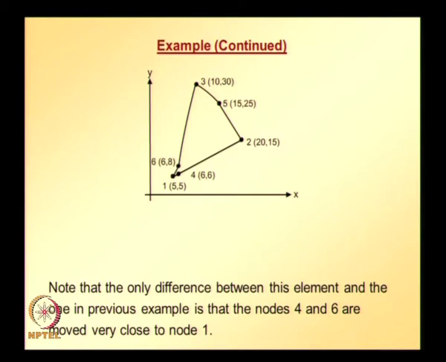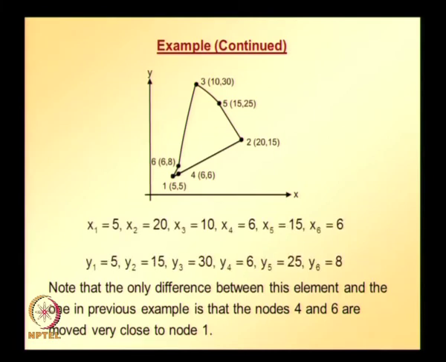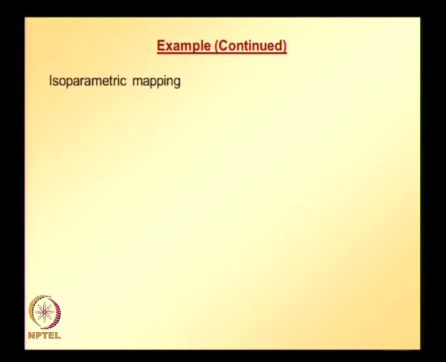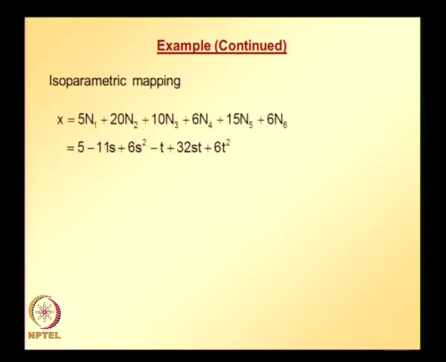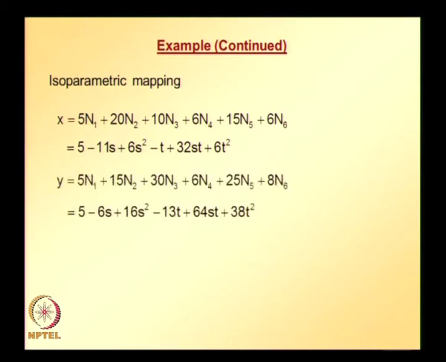So, with this information of nodal coordinates, we can write isoparametric mapping expressions of x and y in terms of s and t, and once we have this, we can plot x and y for different values of s and t and see how the plot looks.